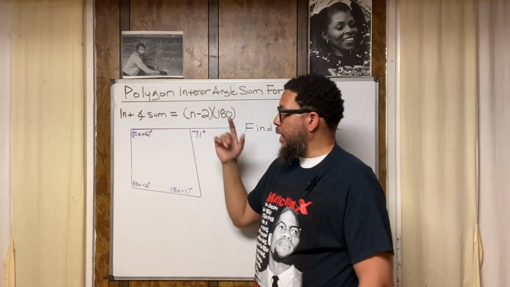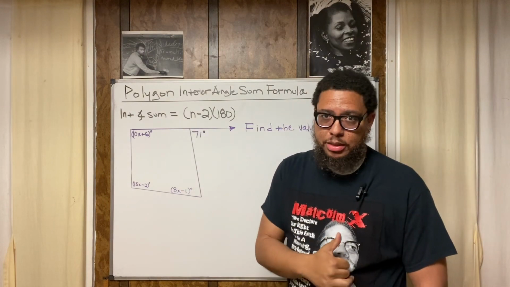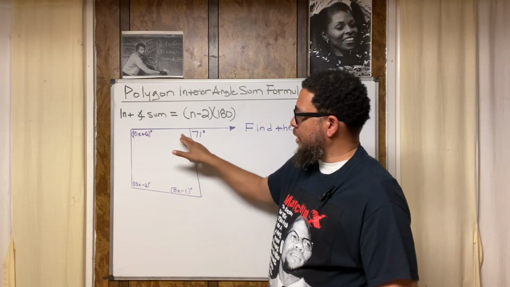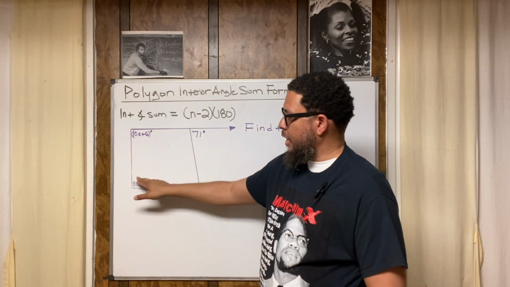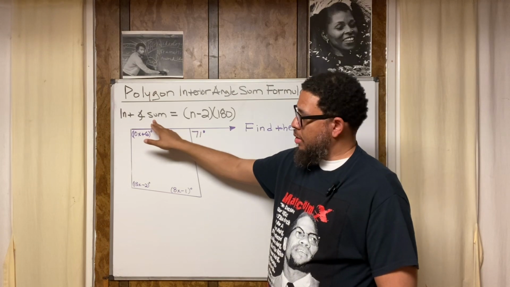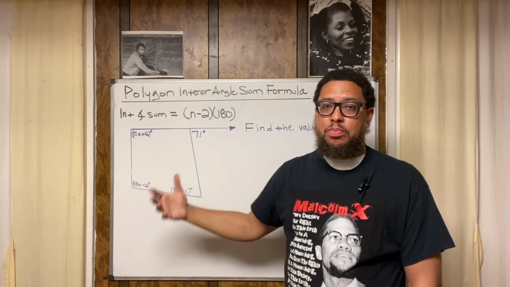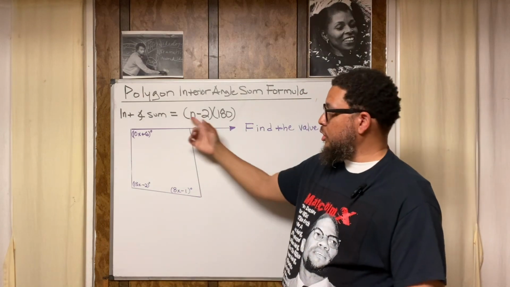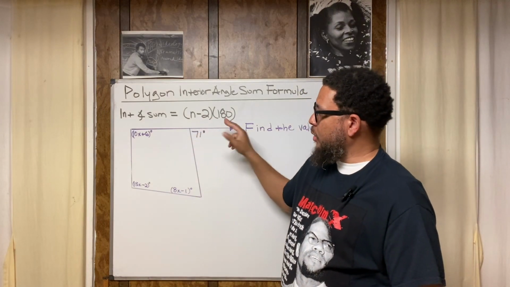Well, I can use what I know about the interior angle sum formula to create my equation. My equation could be this angle plus this angle plus this angle plus this angle is equal to the sum of all the interior angles. They don't give me the sum, but I can figure it out using the formula n minus 2 times 180.